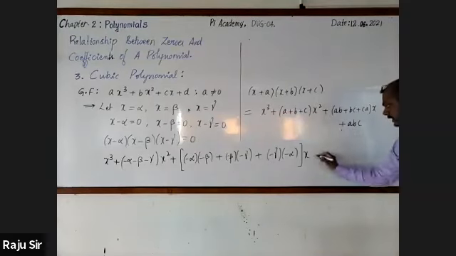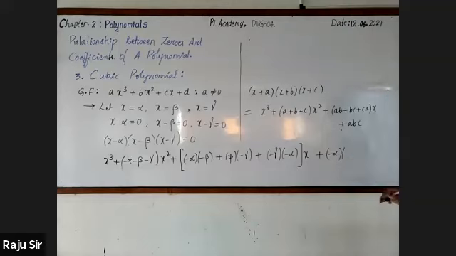Then plus abc. A is minus alpha, b is minus beta, and c is minus gamma.